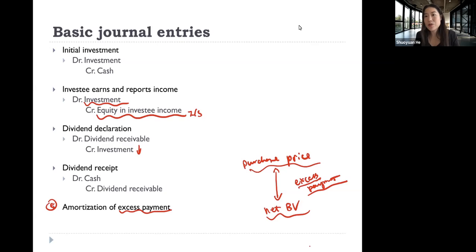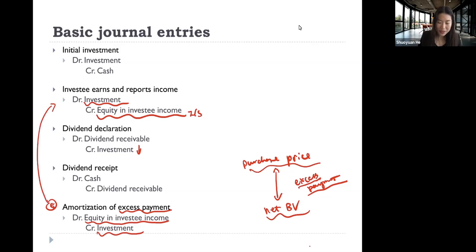We need to amortize part or all of this excess payment. And the journal entry we make for this amortization is to debit equity in investee income, credit investment account. So as you can see, this is exactly the opposite of the previous one when we record the net income earned by the investee.